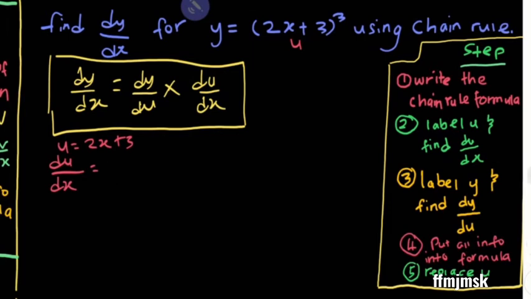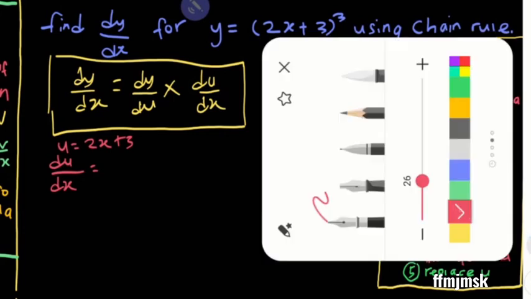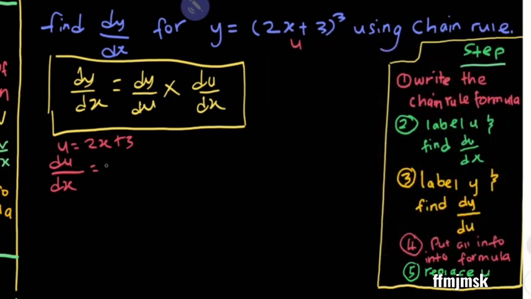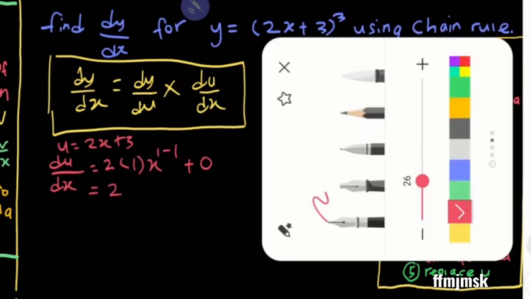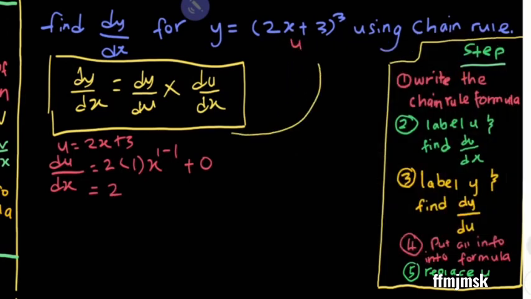Using the basic rule of differentiation, 2 multiply with 1 x power of 1 minus 1 plus 0. So you will get 2. This step involves a basic rule of differentiation that you already learned in part 1 of my class.